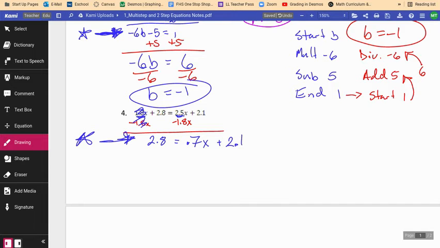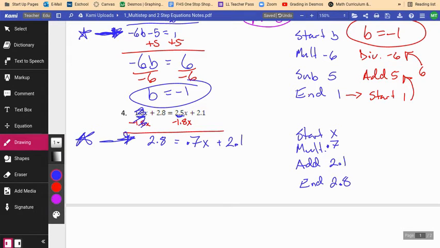This is the key. So again, if I start with x, I know that x is going to be multiplied by 0.7, and then we're going to add 2.1, and I get an answer. I end with 2.8.